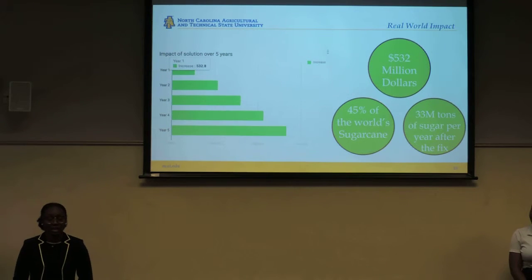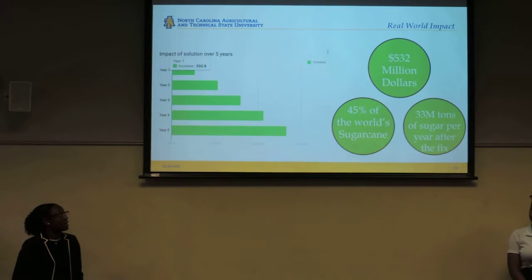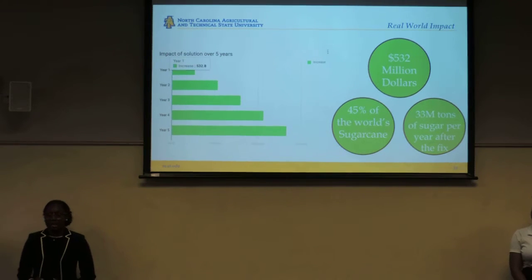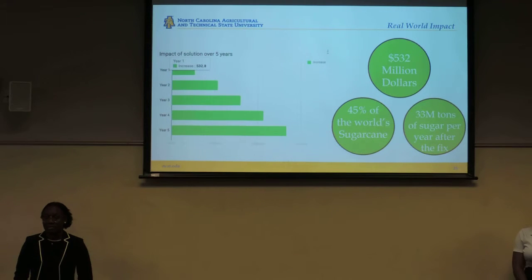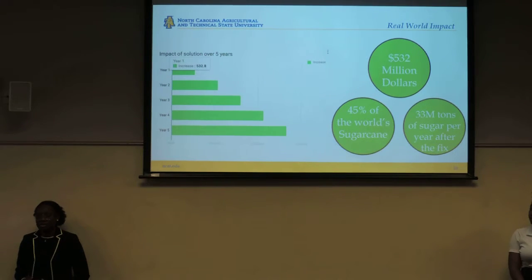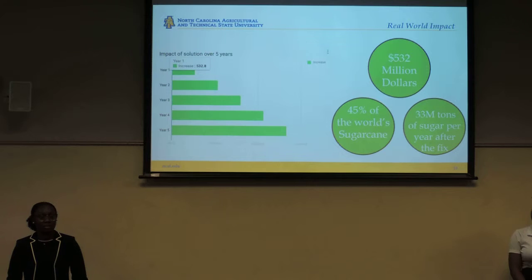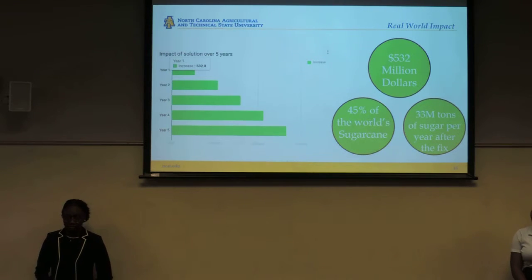Including how much Brazil is currently paying for just one ton of sugar, we're able to calculate that $532 million are left on the table that John Deere can now pick up. That's a big deal for Brazil because Brazil is 45% of the world's sugarcane production. So we're increasing the amount of sugarcane being produced and the amount of money going into Brazil.